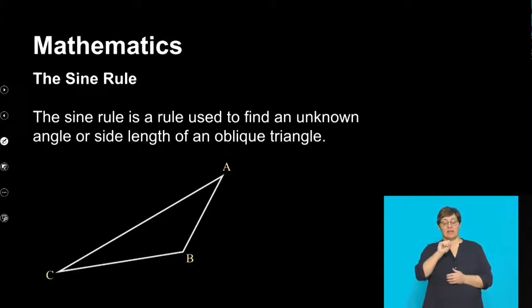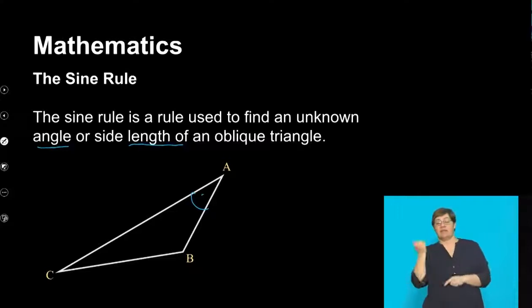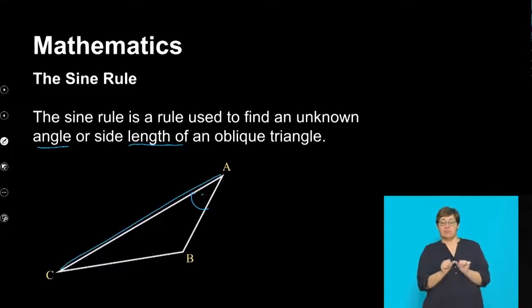The sine rule, again, we're going to be using to find some unknown angle or the length of some side. So either we'll be finding an angle here, angle A, or, for example, the length of AC.